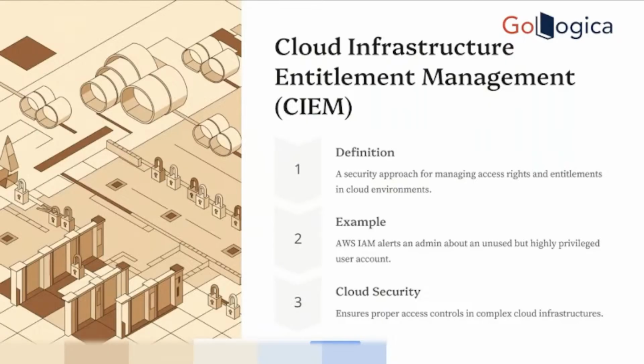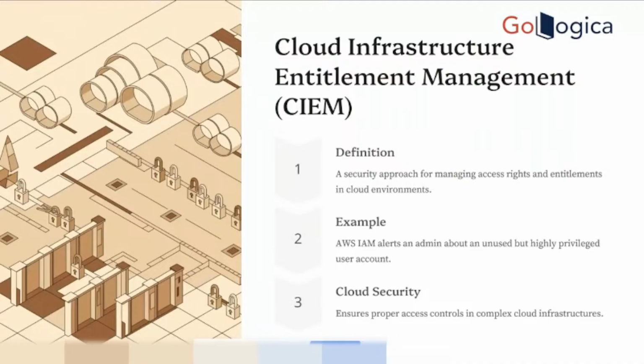Okay, these are some different areas but they belong to IAM. These are a complete solution through which companies or organizations are running. Like an example, AWS IAM alerts an admin about an unused but highly privileged user account.